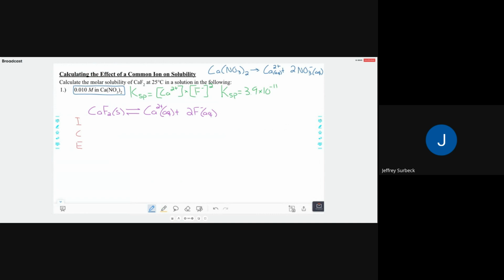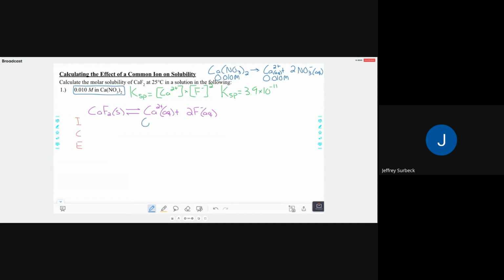Well, check this out. If we start out with 0.010 molar calcium nitrate, and calcium nitrate and calcium have a 1-to-1 mole ratio, we automatically have 0.010 molar calcium. Technically, we'd have 0.02 molar nitrate, but we don't need to worry about that, right? It's a spectator ion. This is our important part here.